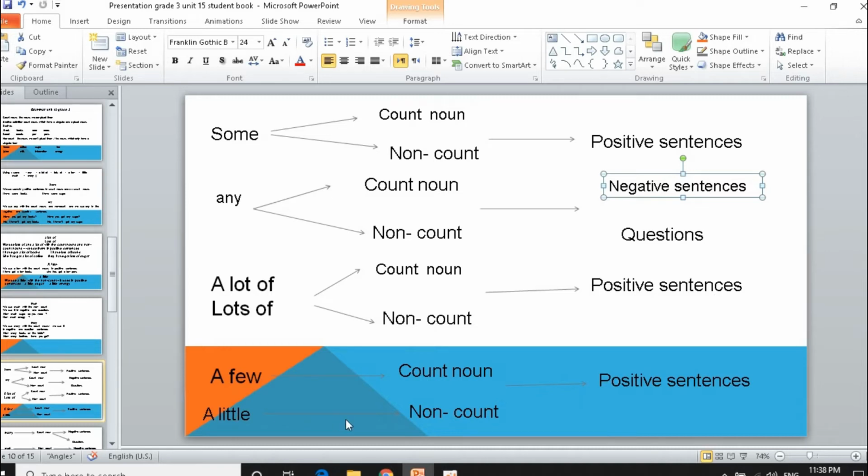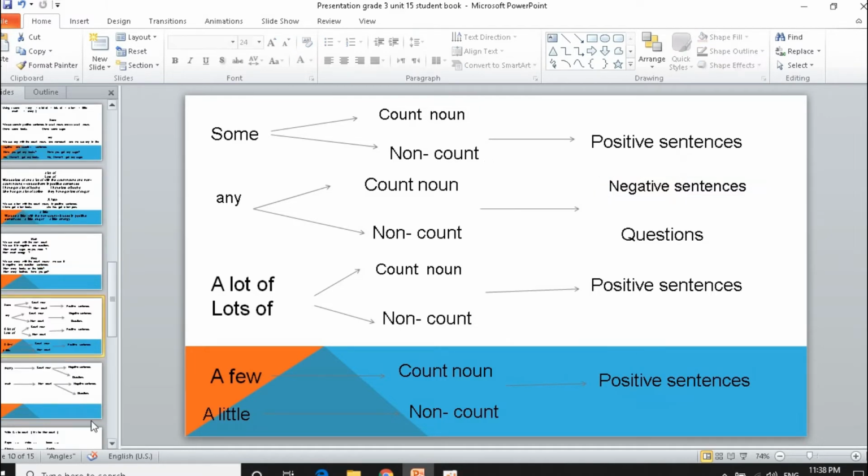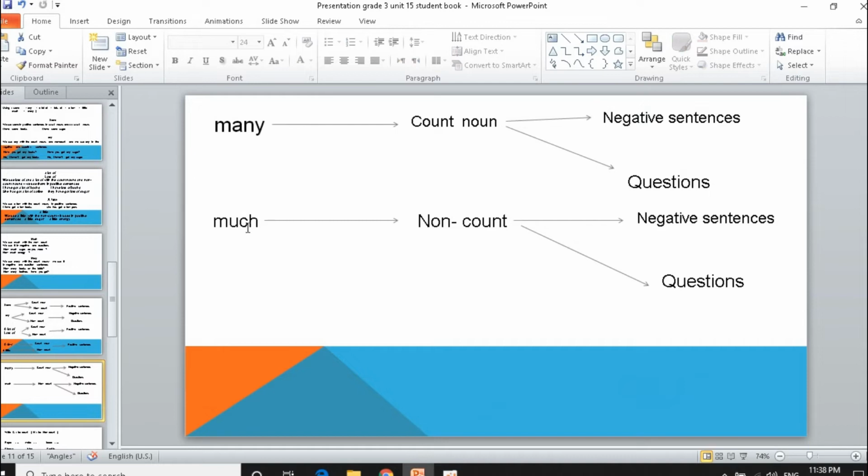A little: non-count nouns, positive sentences. Okay. Next, many and much. Many: count nouns, negative sentences and questions. Much: non-count nouns, negative sentences and questions. Okay.